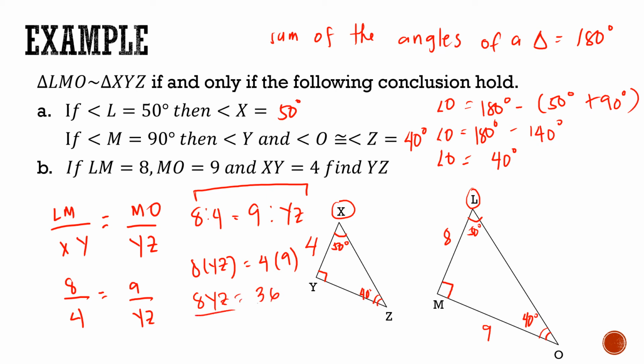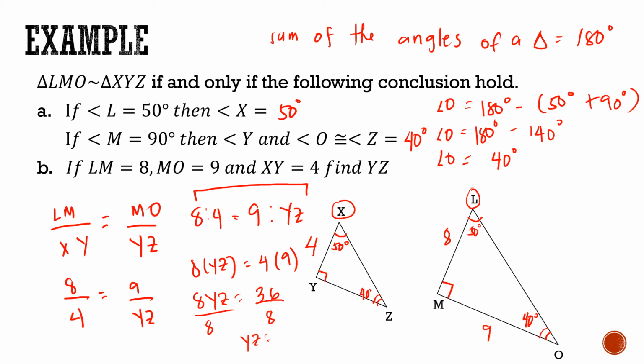Then let's divide both sides by 8. So YZ is equal to 36 divided by 8. We cannot divide 36 by 8 evenly, but we can get the greatest number that divides both 36 and 8, and that is 4.